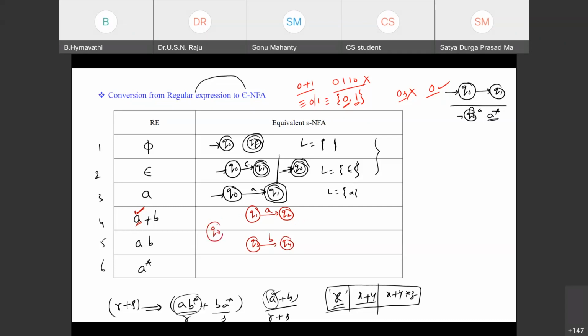So Q naught, if I go this way, I reach the final state by using A only. Is it right or not? Yes, sir. Now for B, I already have a model made. Then I'll say this is epsilon, then this is epsilon. That's it. Now this is the epsilon NFA to accept the language A or B.